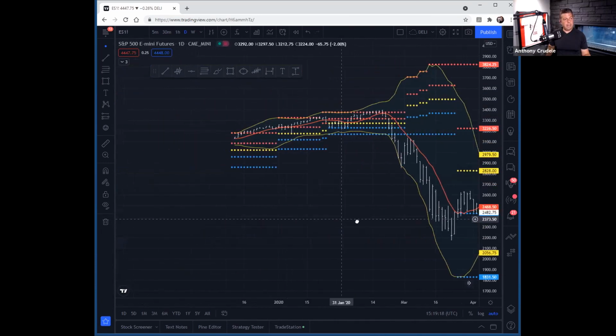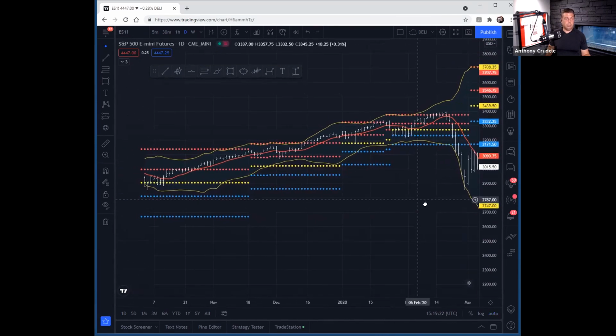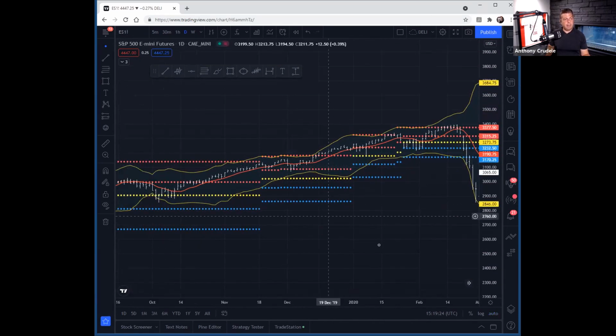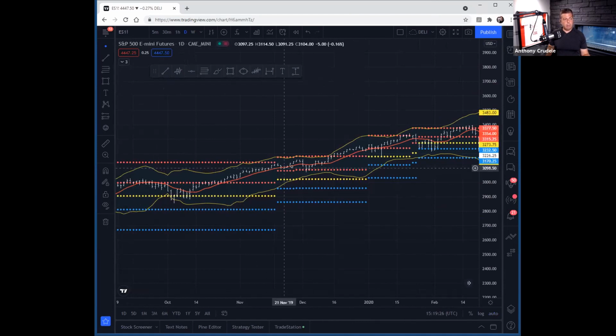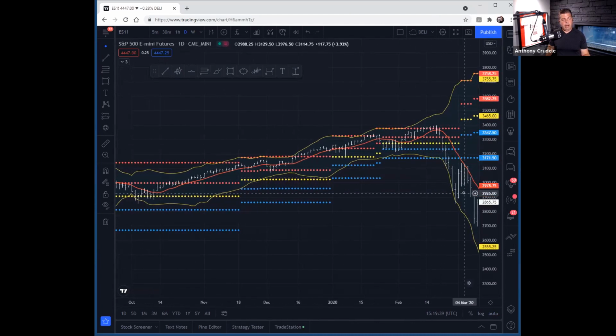I'm not saying this is what's going to happen, but if you look at this right now, this is almost what I would say we're in. Grind up higher, test Bollinger Band peaks, these quick resistance levels come into play, they test yellow, light blue, they keep holding. And eventually this is what could happen.